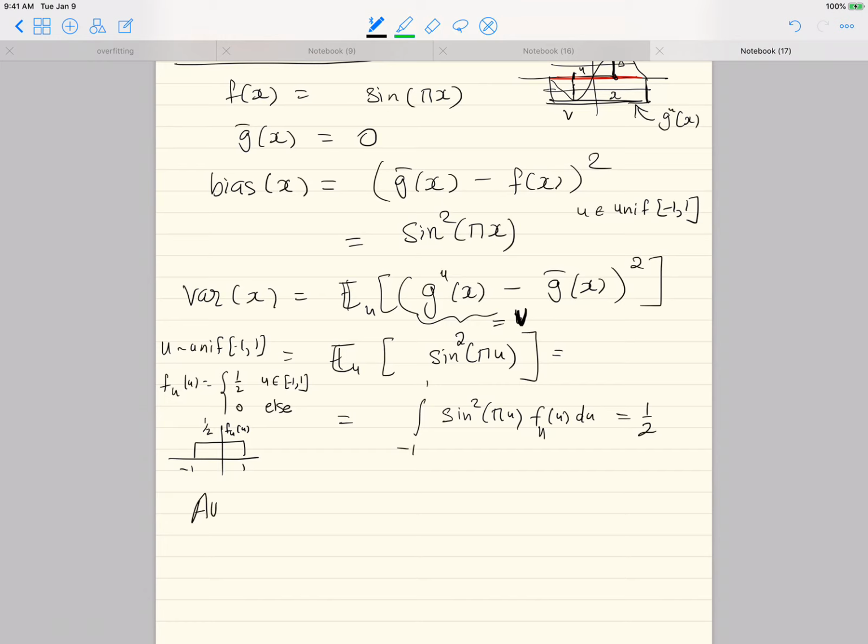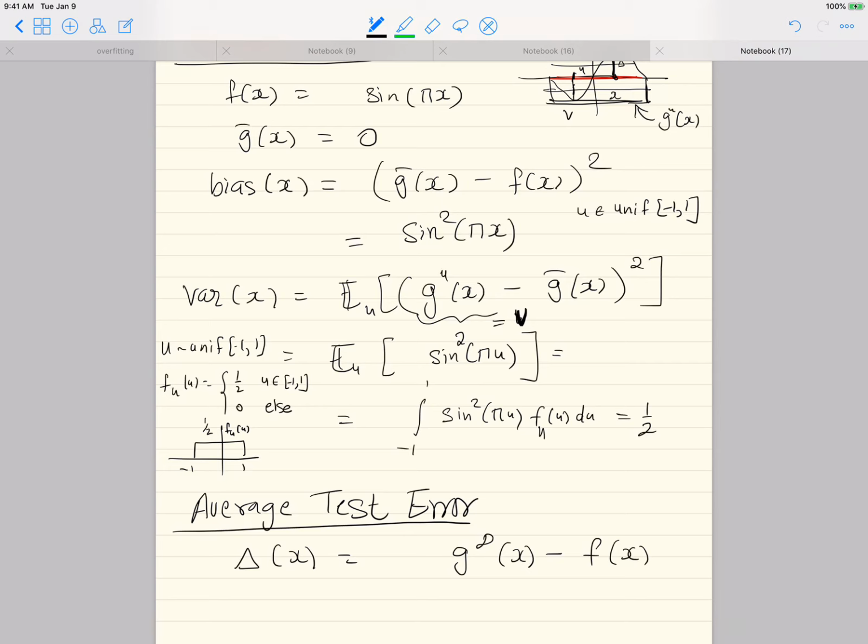Now, the third quantity is the average test error. Delta of x is defined as g_D of x minus f of x, squared, and then you take the expectation with respect to D. So this is actually the test error. g_D of x is the output for that particular hypothesis when D is the data set we train over, right?